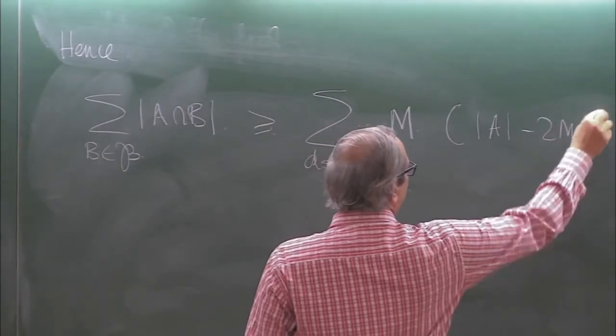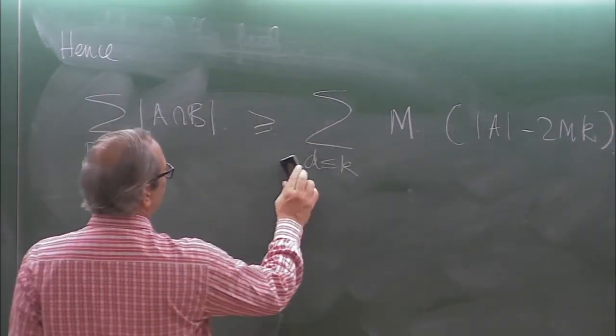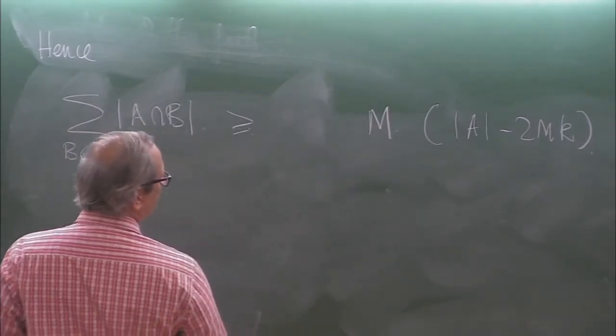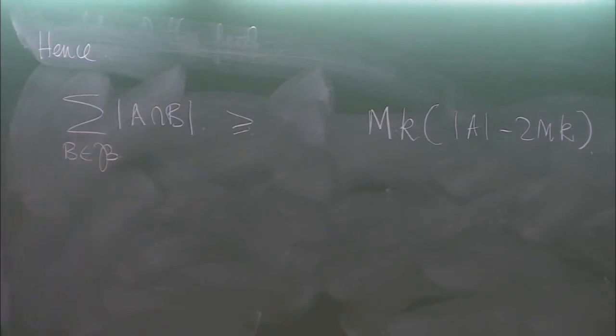None of these depend on D, and therefore you can just rewrite this as greater than or equal to m k times, because this lower bound for A intersection D is independent of D. So it's just the number of terms times this. So this, let's call this 4. So we have now a lower bound for this sum.